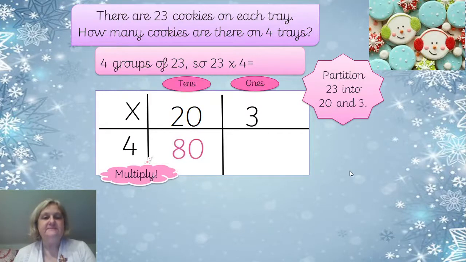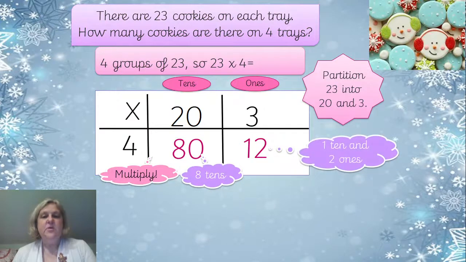Multiplying these numbers, 4 times 20, 80, 4 times 3, and these are going to get a little bit trickier today because you're having 8s in here and higher numbers in here, so we'll just keep working through. You can count forward on your fingers to help you. 4 times 3 is 12, and then we've got 8 tens here, 1 ten and 2 ones. So here again we're going over 10 here, we're going over 9, so we're getting into that place value difficulty.